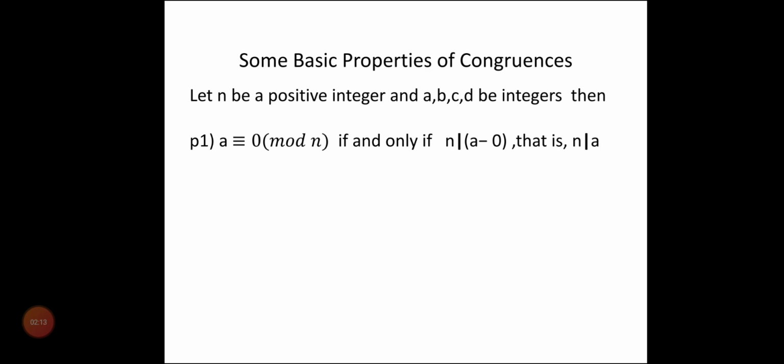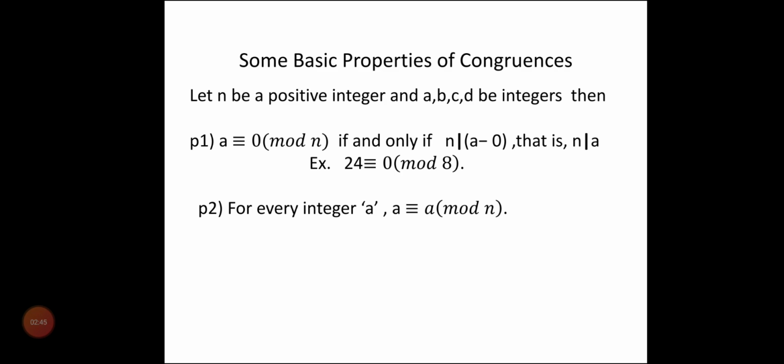So obviously whenever a number a is divisible by n, the least non-negative value to which a is congruent modulo n is obviously 0. So a is congruent to 0 modulo n if and only if n divides a. For example, 24 is divisible by 8 and therefore we say 24 is congruent to 0 modulo 8.